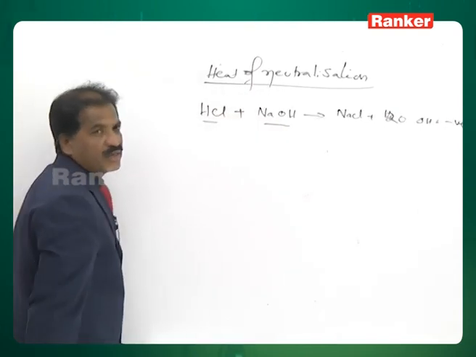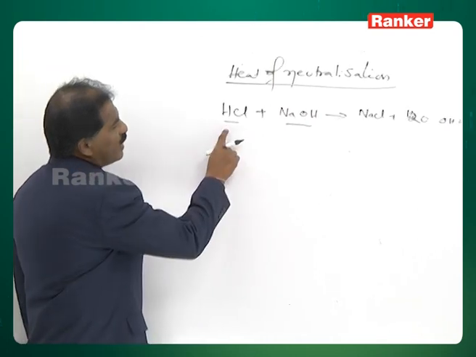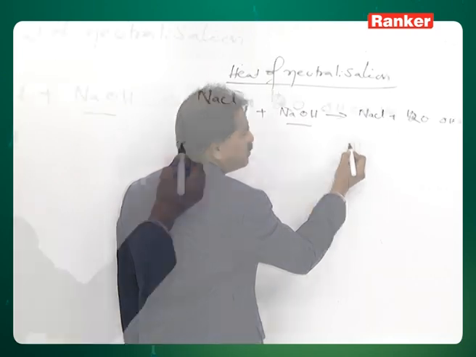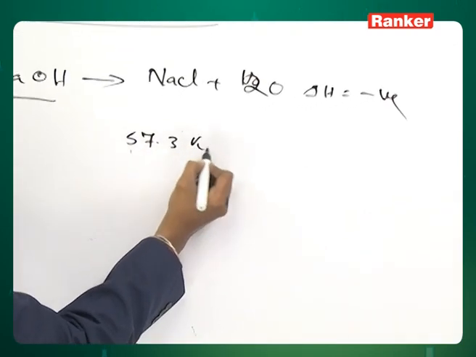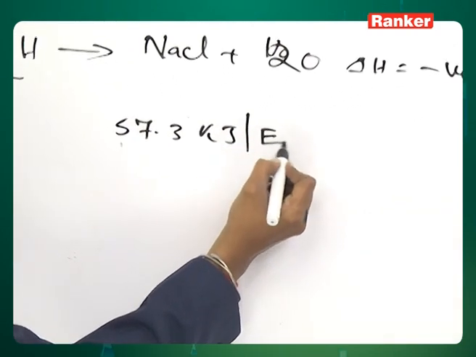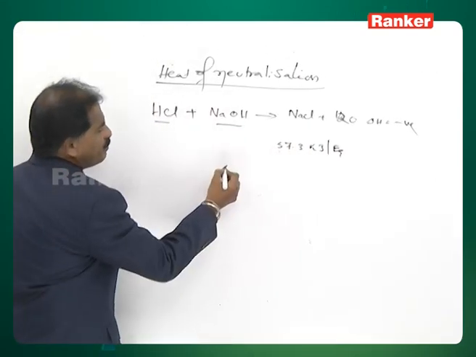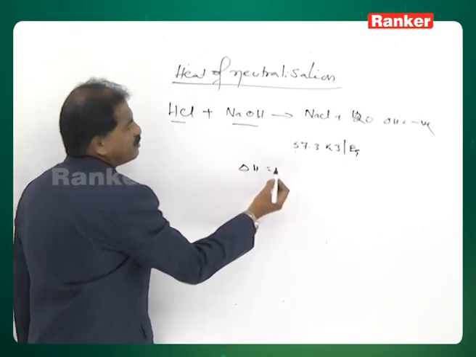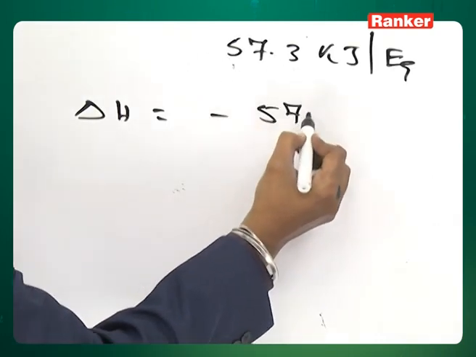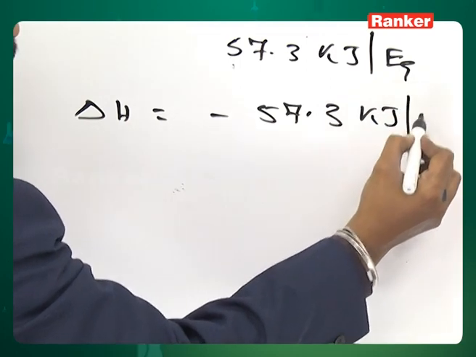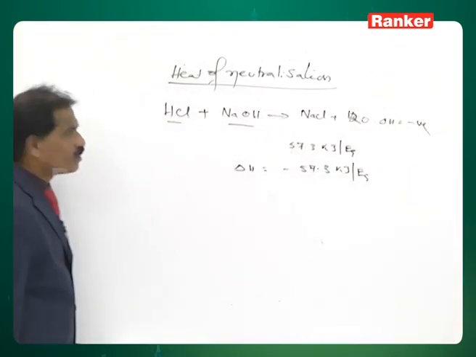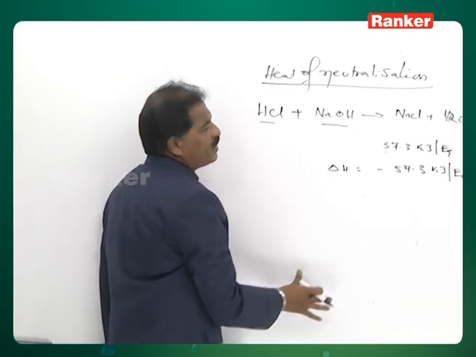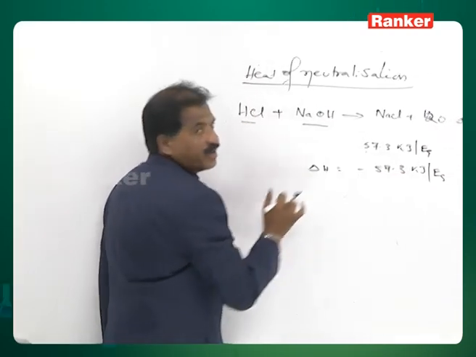If strong acid and strong base participate, the quantity of heat liberated is 57.3 kilojoules per equivalent. Or the enthalpy change when strong acid and strong base participate is minus 57.3 kilojoules per equivalent. If weak acid or weak base participates, the quantity of heat liberated will be less than this value.